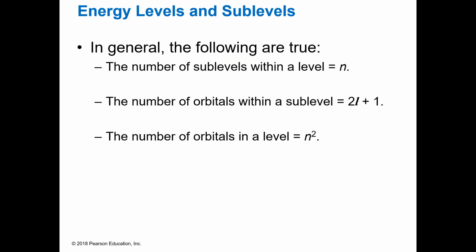But just to sum up what we just did, the number of subshells, I should say, this was misprinted, is 0 through n minus 1. So we'll come back to this.